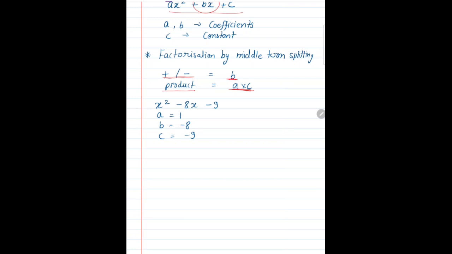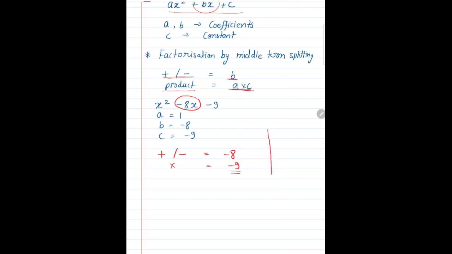Now I have to break this middle term in such a way that whatever numbers I am choosing, their sum or difference should be equal to b, which is minus 8, and their product should be equal to negative 9. Now if you cannot think of any such numbers, the easiest way is to find factors of your product.